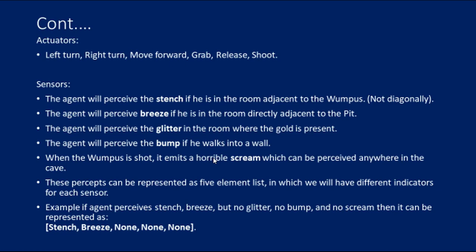Discrete: the environment is discrete. Single agent: the environment has a single agent as we have one agent only, and the Wumpus is not considered an agent. Okay, so this is a very simple explanation of the introductory part of the Wumpus world.